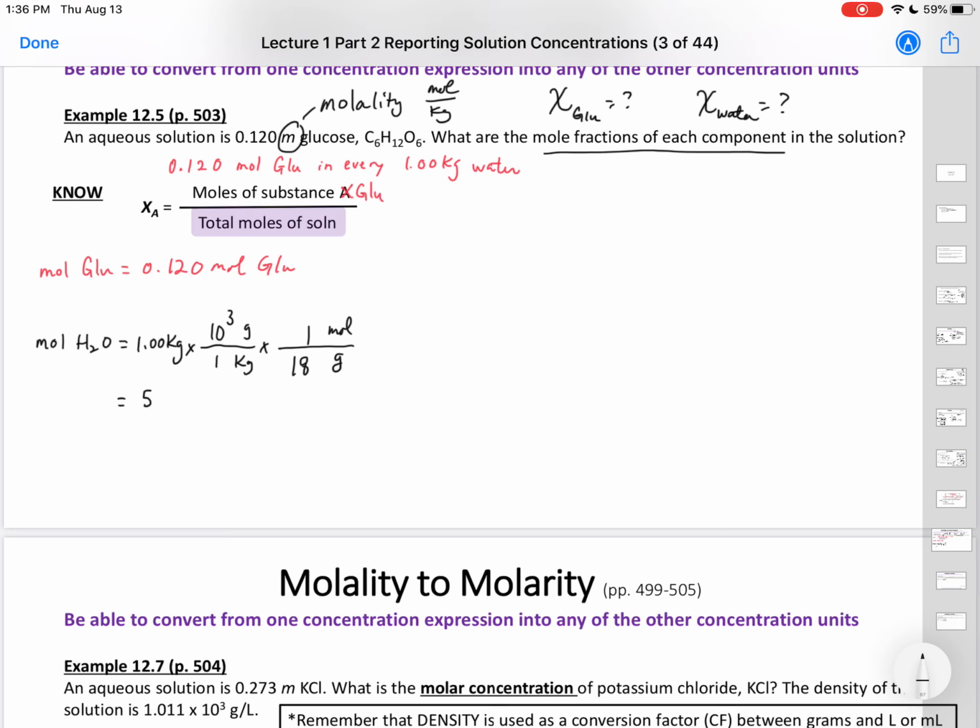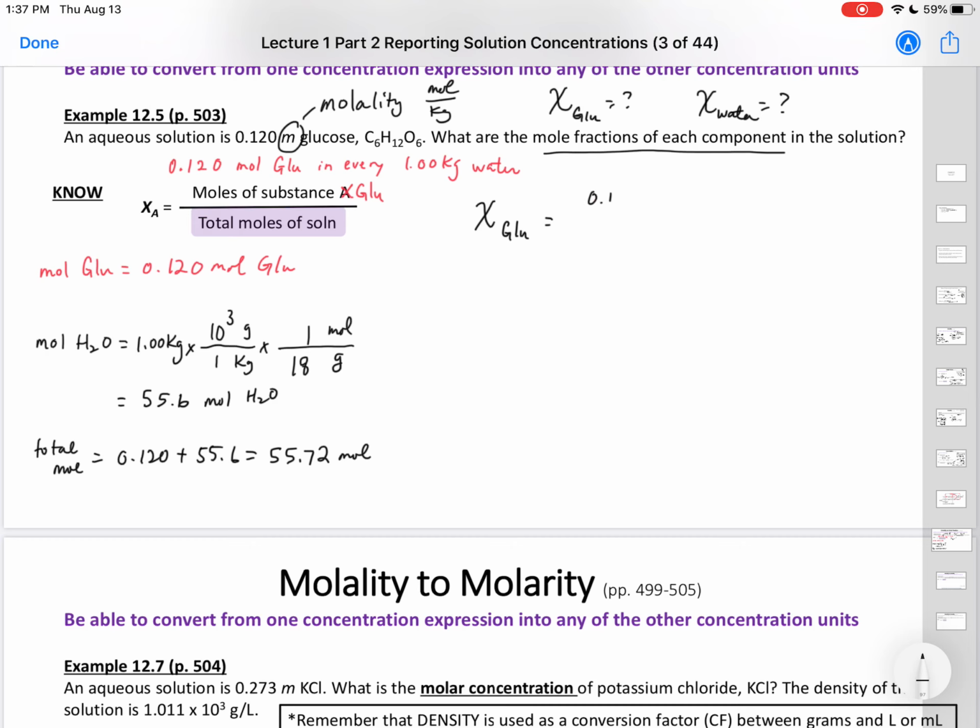This comes out to 55.6 moles of the water. So therefore your total moles is going to be the addition of 0.120 plus 55.6, which comes out to 55.72 moles.